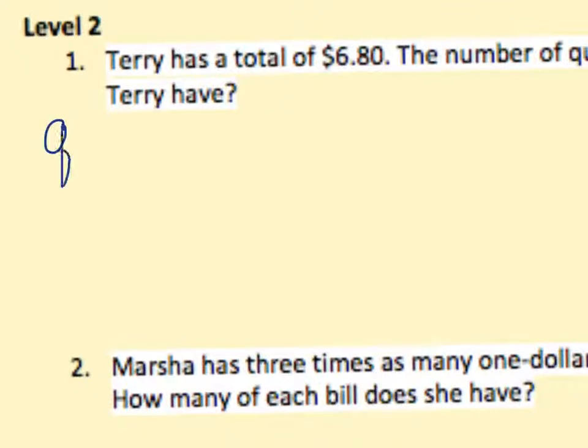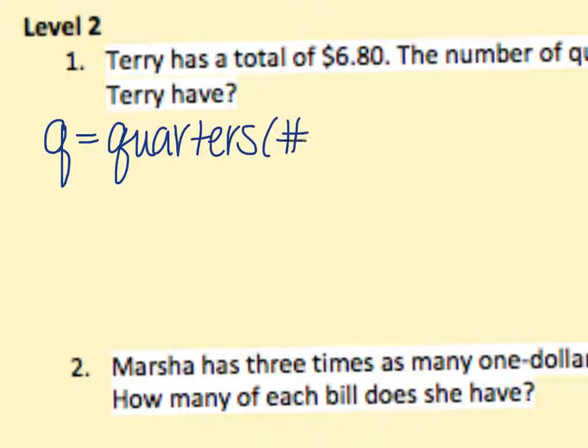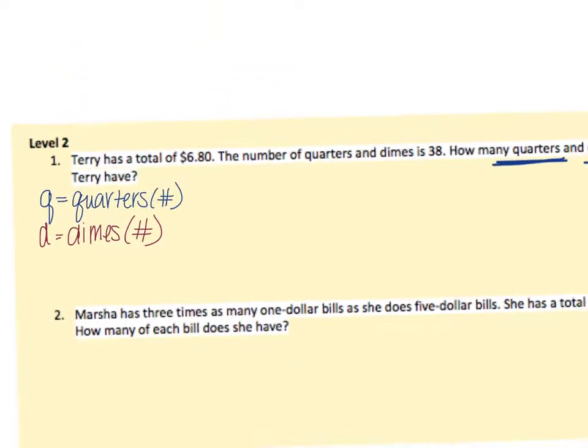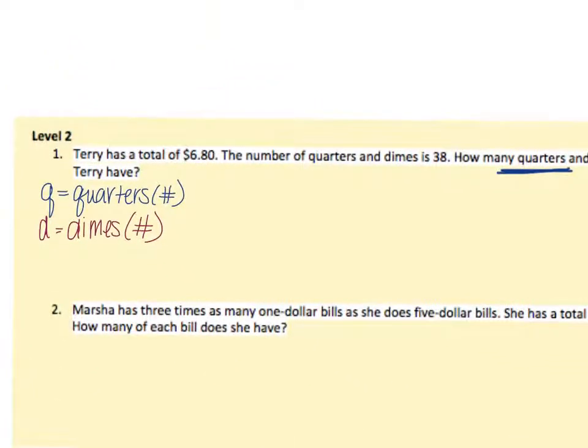So I'm going to use Q for quarters, and this is the number of quarters. And then I'm going to use D for dimes. Again, this is the number of dimes, because that's what I don't know. So the other thing we're talking about is what two pieces of information do we have?